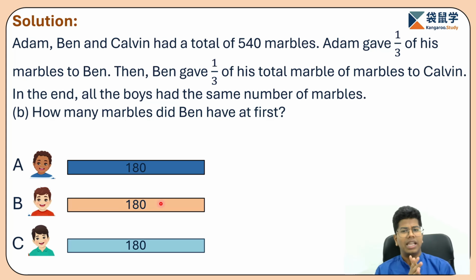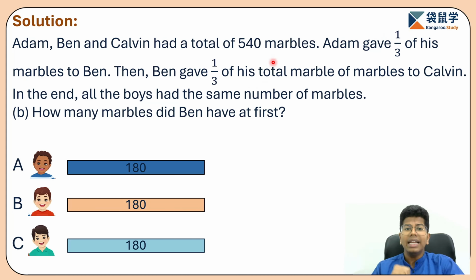The second question says, how many marbles did Ben have at first? Here they had some marbles at first. But what happened? Adam gave some marbles to Ben, that is 1/3. Then Ben also gave 1/3 to Kelvin.